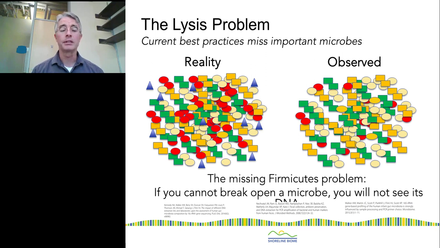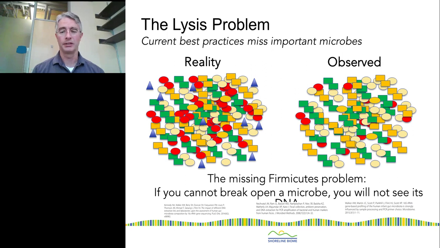So you want a lysis that will crack the bugs. On the left, you have reality, with a very diverse array of organisms. And on the right, what we've seen with most kits is that you're simply missing or greatly diminishing some of the more important organisms.